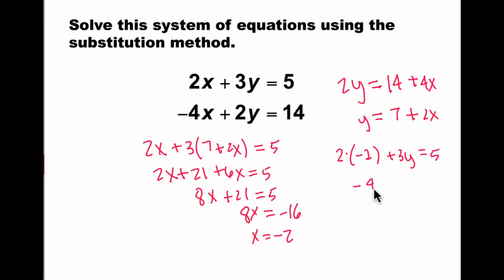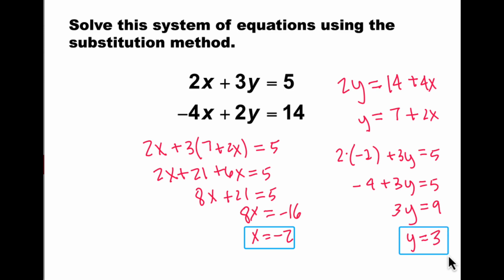Negative 4 plus 3y equals 5. We add 4 to both sides of the equation to get 3y equals 9. We divide both sides by 3 and get y equals 3. So the solution to this system is x equals negative 2 and y equals 3.